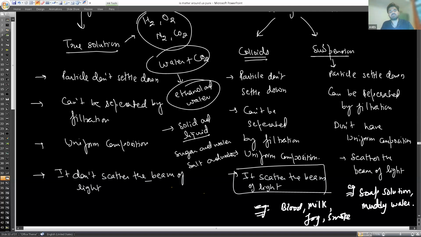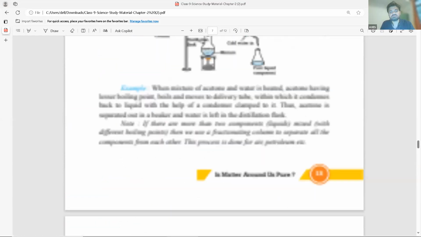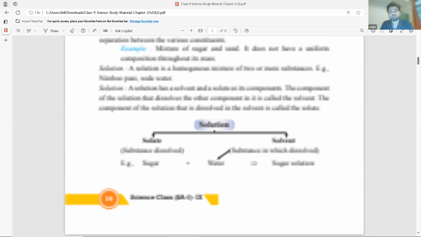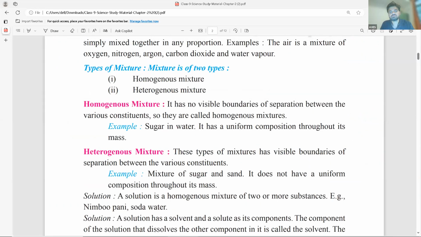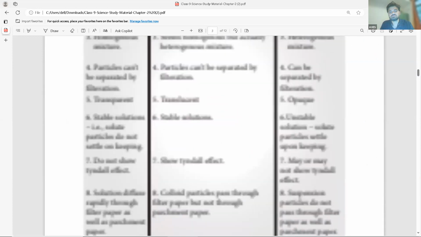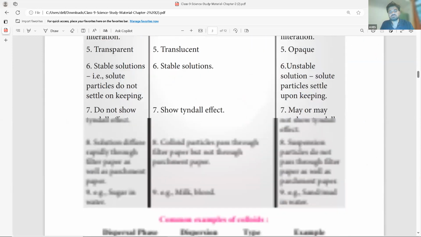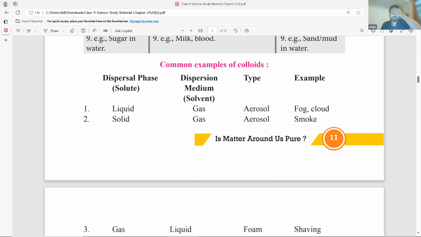So what we have here is now some common examples, which you have to note down. There is a dispersed phase.